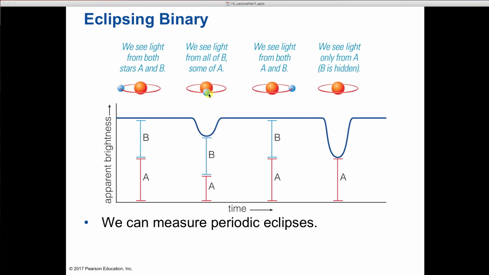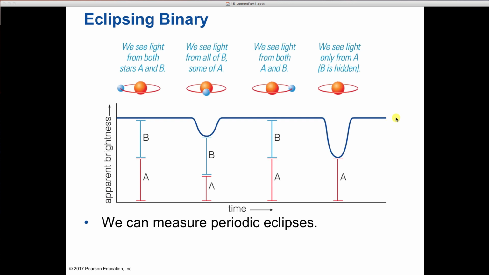Suppose star B is a brighter star with a higher temperature, so every square meter of star B would be giving off more energy. If star B goes behind star A, we lose all of star B's light, but we see all of star A, and in this case we see an even bigger drop in the total brightness of the system.